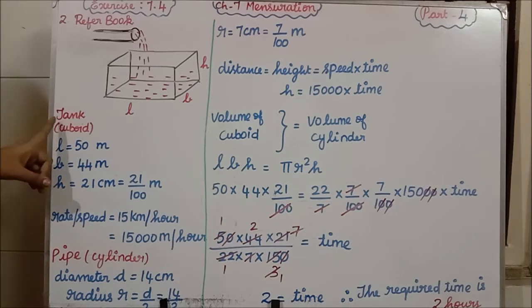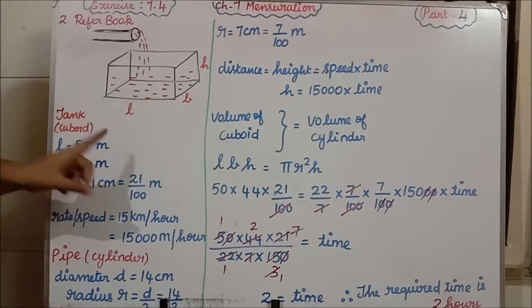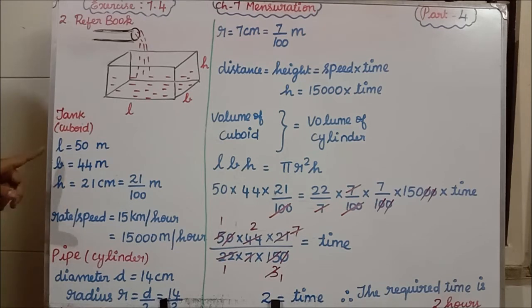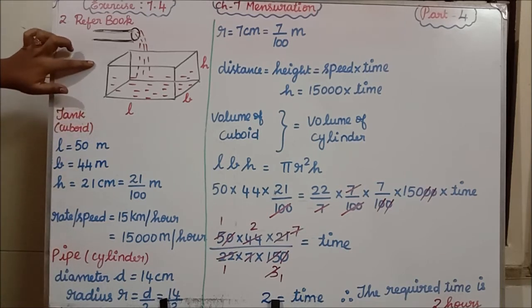Listen to it. The cuboid length they have given us is 15 meter. Cuboid wide is nothing but breadth. They have given 44 meter. And height they have given us what? The water will be raised by 21 centimeter, they have given.